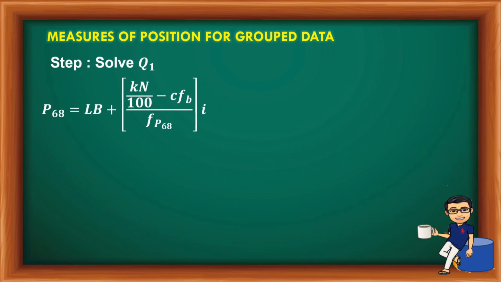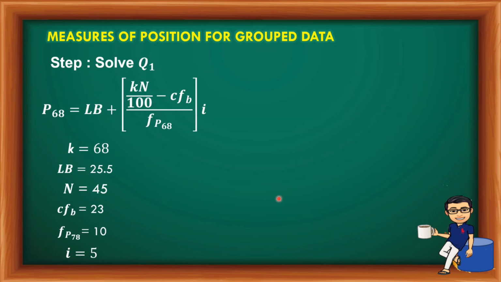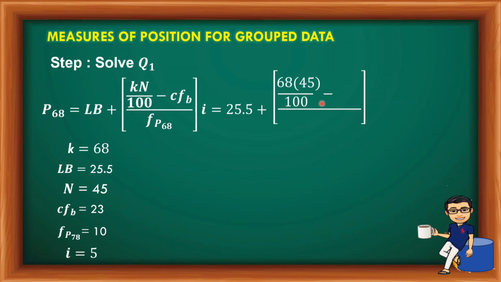So, we have this. So, solve na natin. Sabi ko nga, i-apply natin yung mga information na nakuha natin sa ating formula. So, let's start working with that. Copy the lower boundary, which is 25 and 5/10, plus k, which is 68, times N, which is 45, over 100, minus the cumulative frequency below, which is 23, over the frequency of the percentile 68 class, which is 10, times the interval, which is 5.